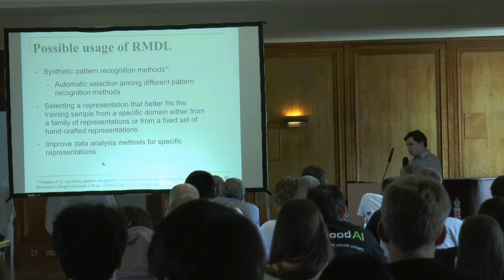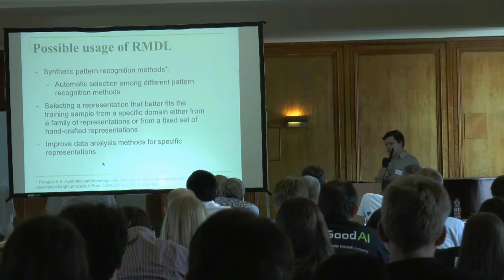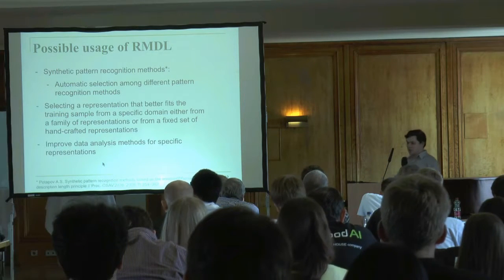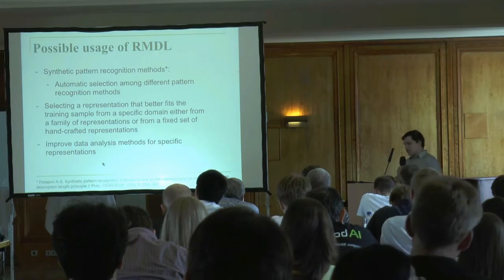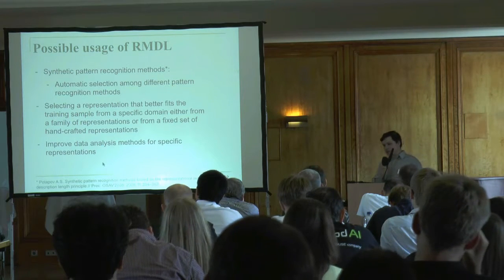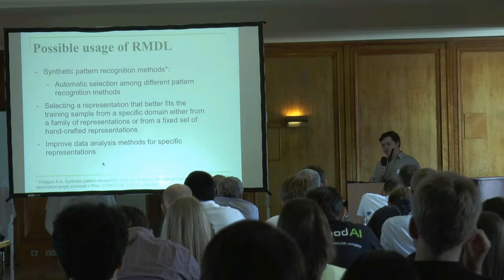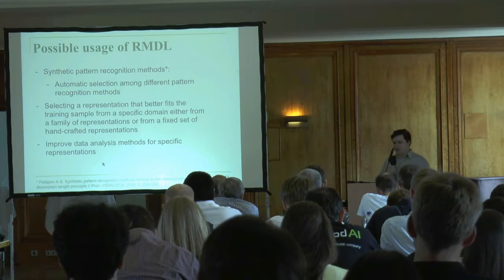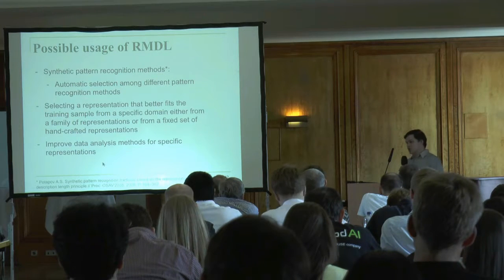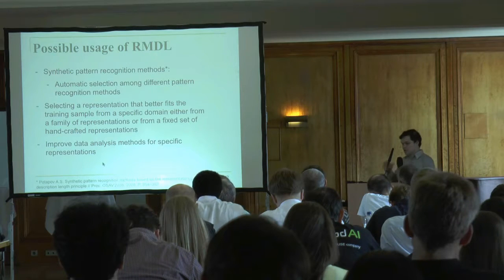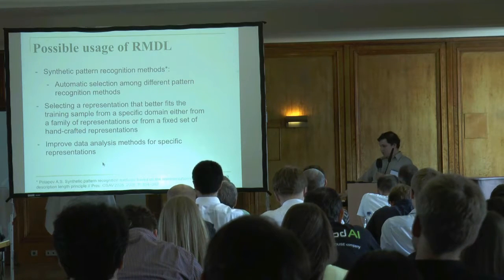For example, we can automatically choose between different handcrafted representations, or we can generalize some narrow method by introducing a parametric family of representations in which this method will be represented by one particular case, and try to learn representations from this specific parametric family.